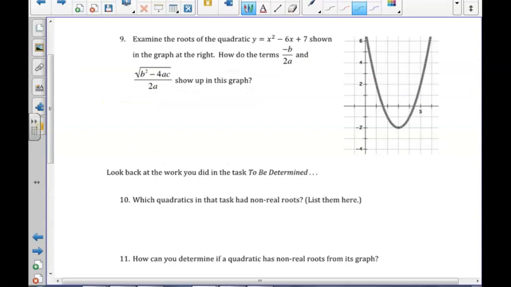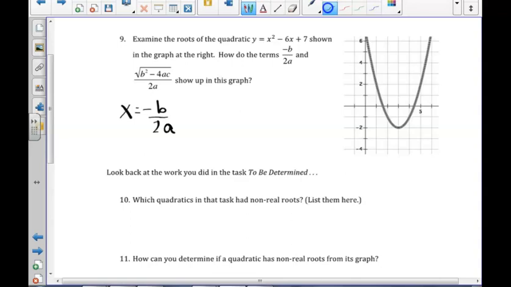We are asked to examine the roots of the parabola in 9 by discussing where the -b divided by 2a is in the graph. And in our function, we are working with x squared minus 6x plus 7. So they're asked where these show up in the graph.